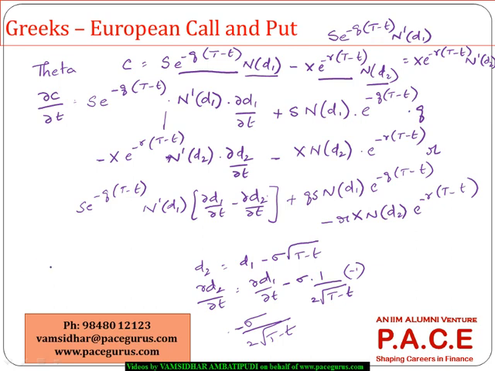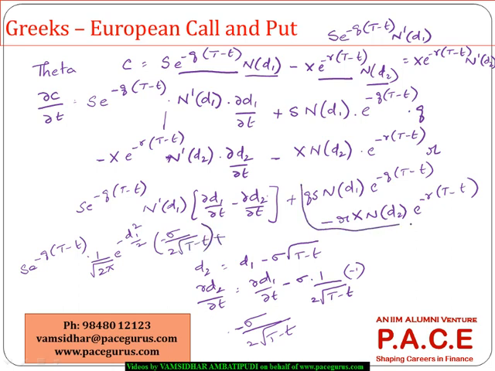So the whole formula works out in a straightforward manner, as S e^(-q(T-t)) times N'(d1), which is 1 by root 2 pi e^(-d1 squared by 2), into minus sigma by 2 root (T-t), plus qS N(d1) e^(-q(T-t)) minus rX N(d2) e^(-r(T-t)).